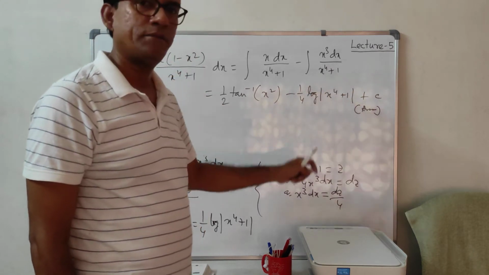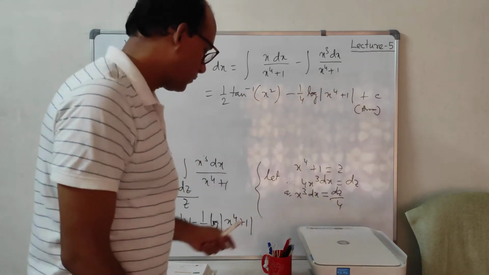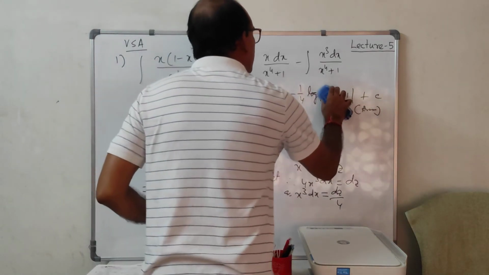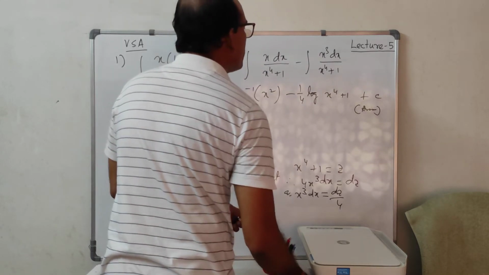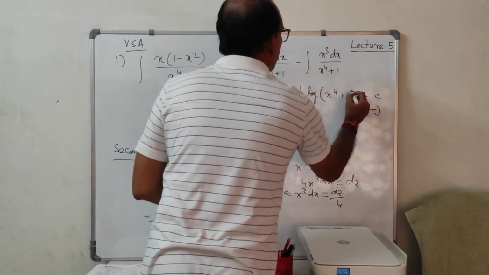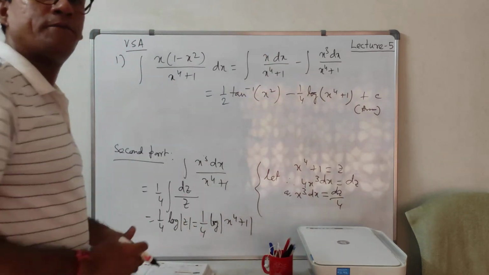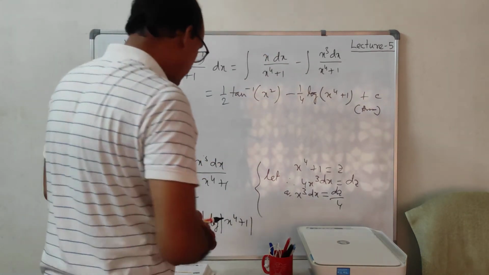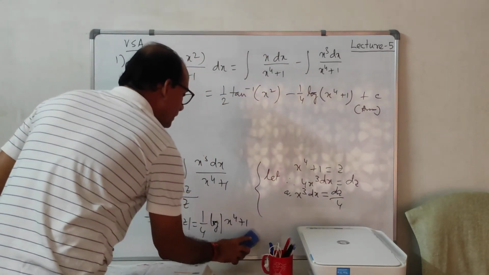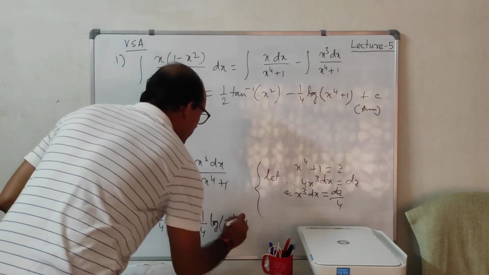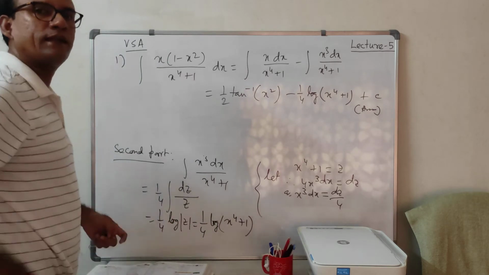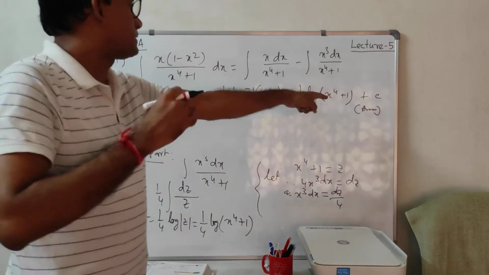You may just write it in brackets, because x to the power 4 plus 1 is an even function, so there is no necessity of putting the modulus sign here. So this is the answer.